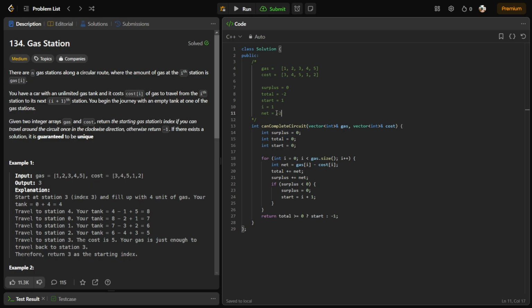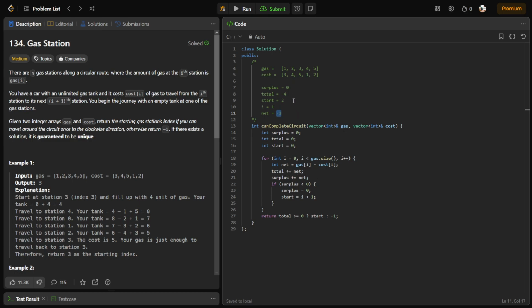Again, it's not a net gain, and we update the total again: -2 plus -2 gives us -4. Surplus plus -2 gives us -2. And since surplus is less than 0, surplus goes back to 0. And start will increment once more.